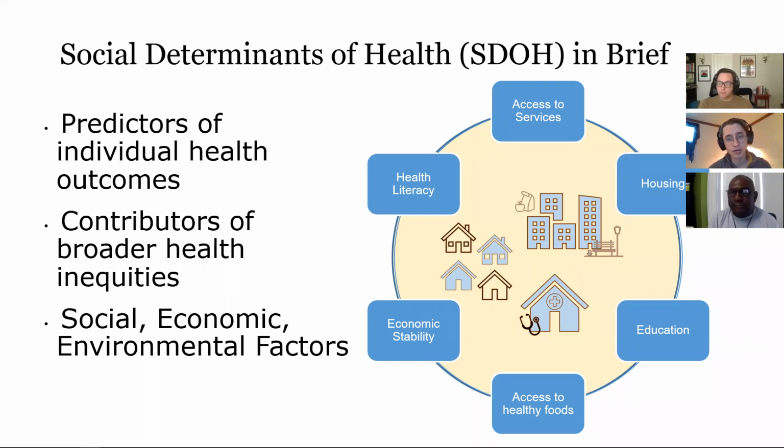For example, when a housing program has documented a client's housing status, or a health center has identified whether a patient has access to health insurance, or outside of those two settings, a community-based food provider or food pantry notating food insecurity. These are all really important indicators and data points related to SDOH.